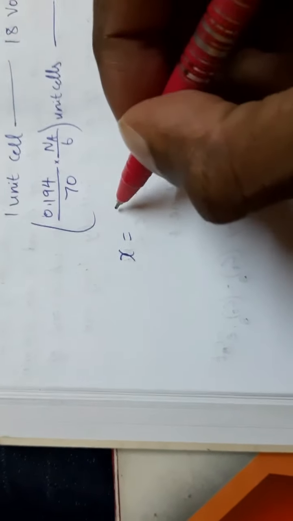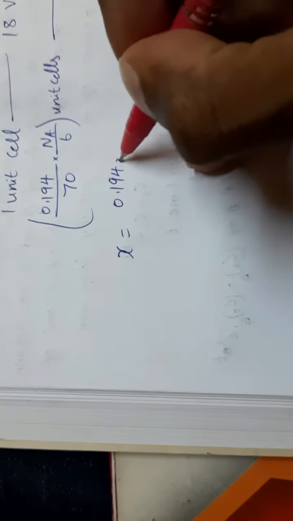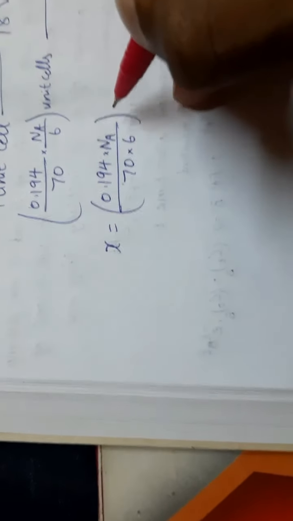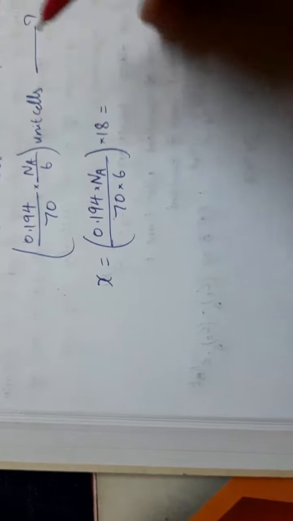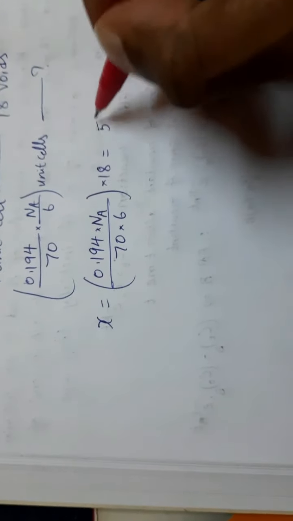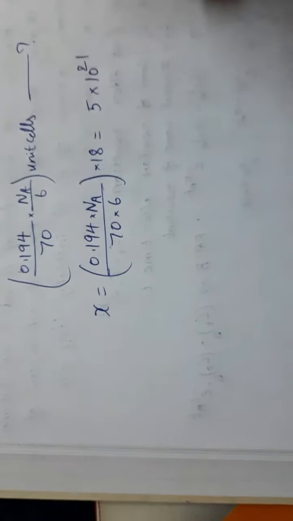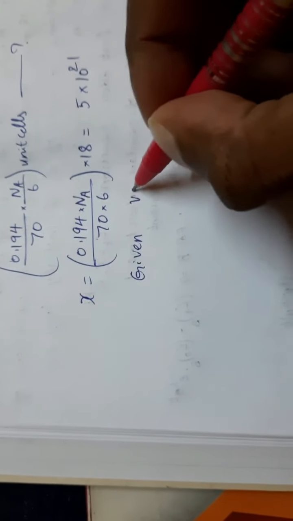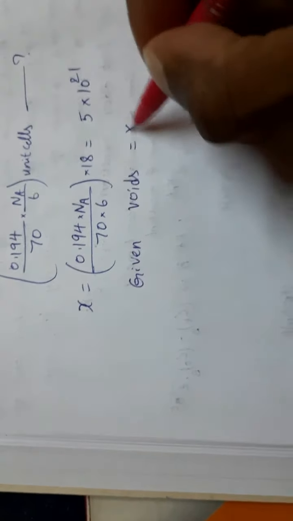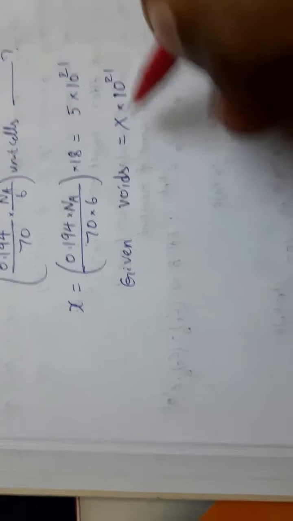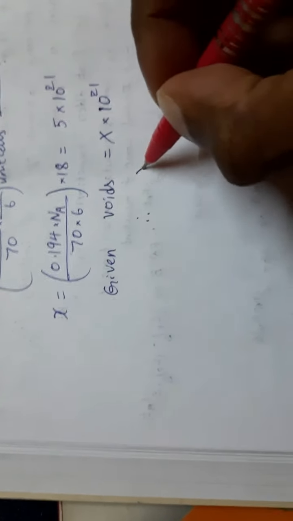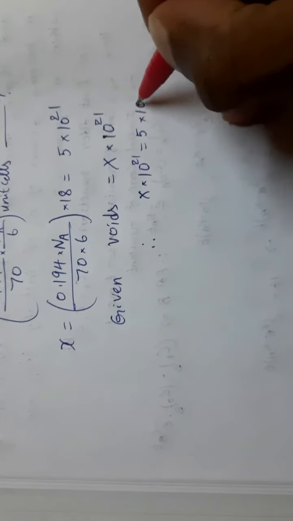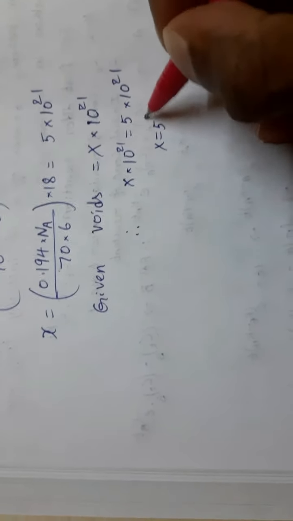That equal to 0.194 into Na by 70 into 6 into 18, that equal to 5 into 10 power 21. Given voids x into 10 power 21, therefore equating these two, the x value is 5.